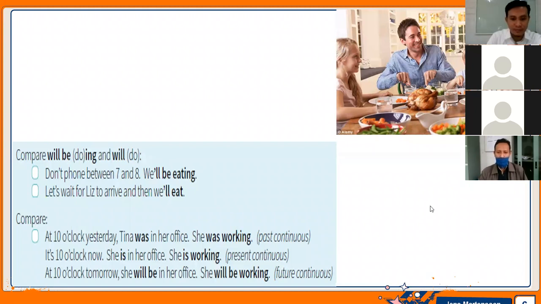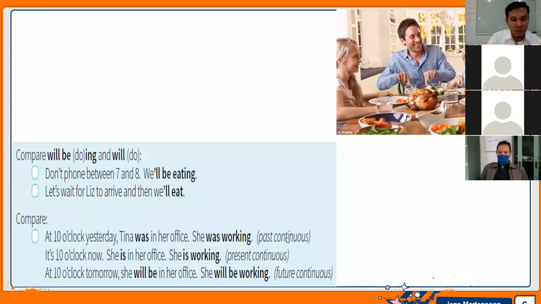Okay, the next example is: at 10 o'clock yesterday. Now we continue to compare. At 10 o'clock yesterday, Tina was in her office. She was working.